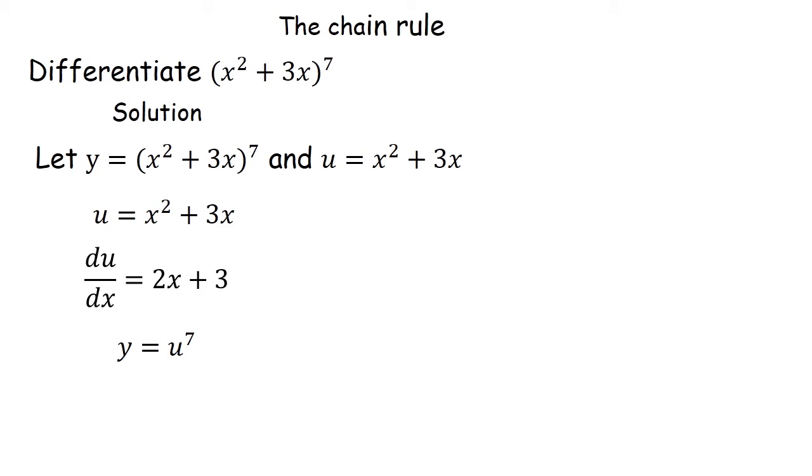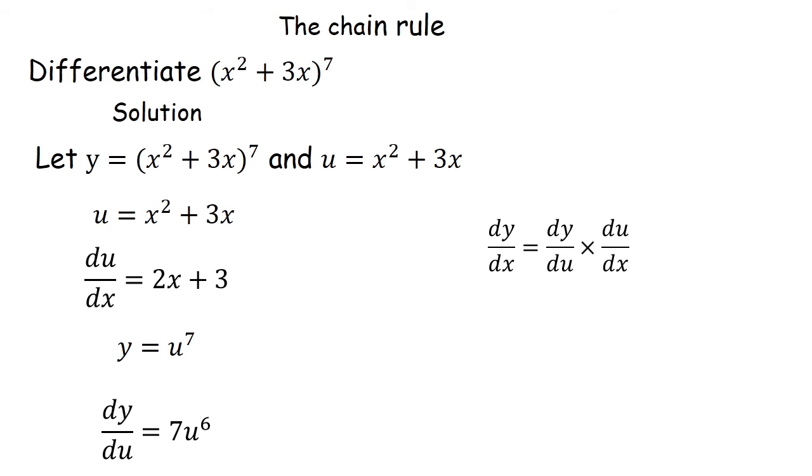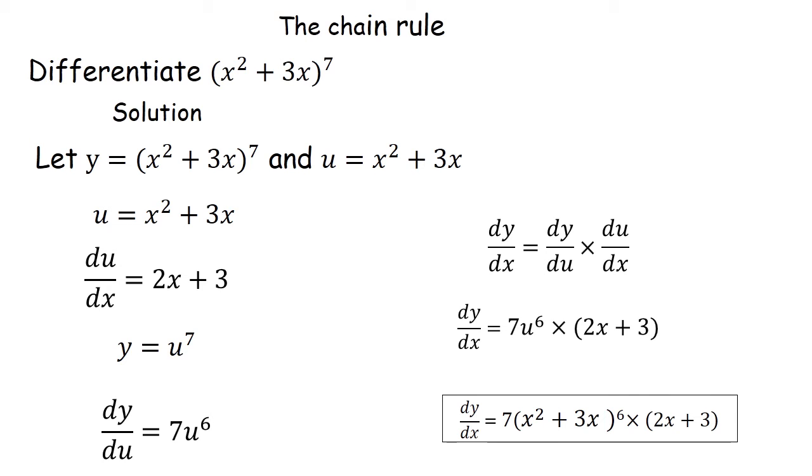Then now our y is equal to u^7. So what is dy/du? It is 7u^6, and still we apply our chain rule, so we shall have 7u^6 times 2x + 3, which was du/dx.